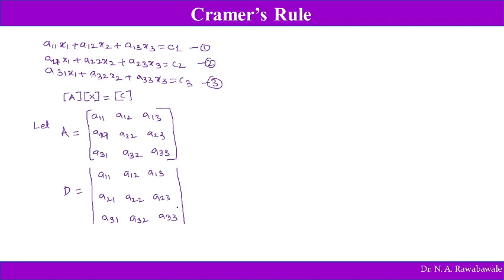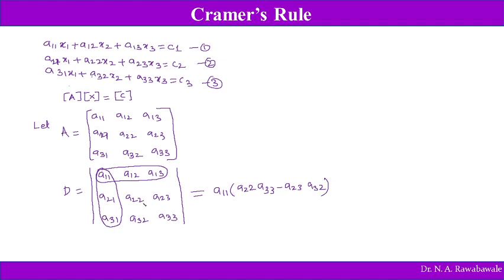Now we can simplify this determinant. It can be written as a11, and if we take a11, then we eliminate its column and its row, and find the determinant of the rest of the elements: a22 into a33 minus a23 into a32.